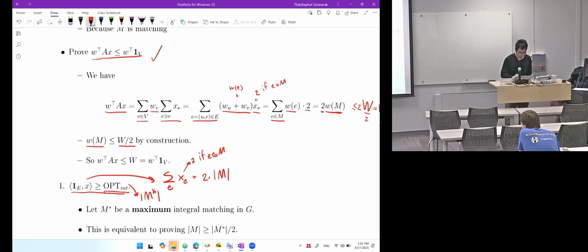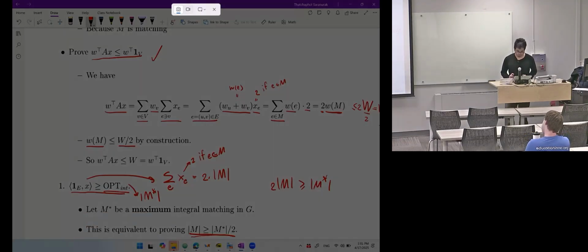So to prove this, it's the same thing as saying that 2 times the size of M is at least the size of M star. So we're going to prove this.